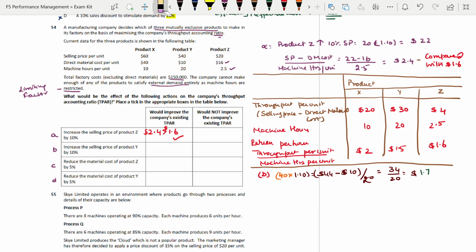With the 10% increase in the selling price of product Y, it is 2.4, greater than 1.6. Here also 1.7 is greater than 1.5.